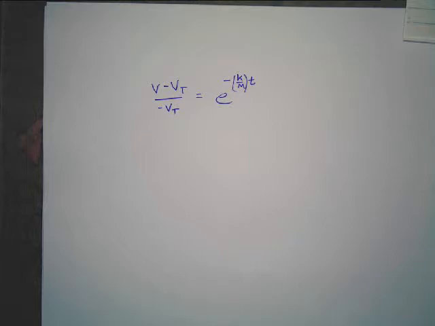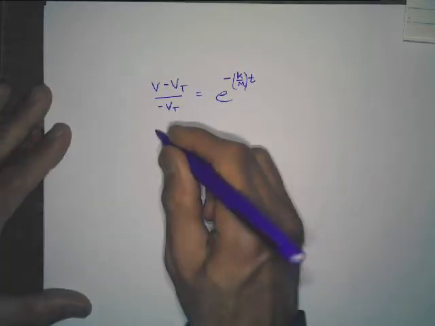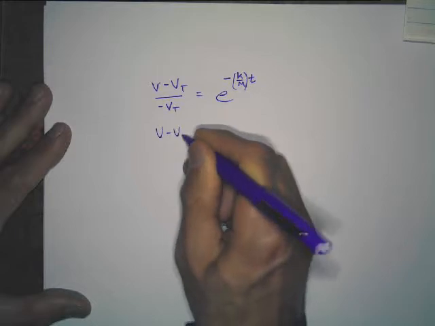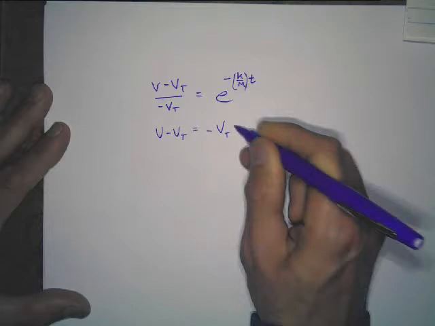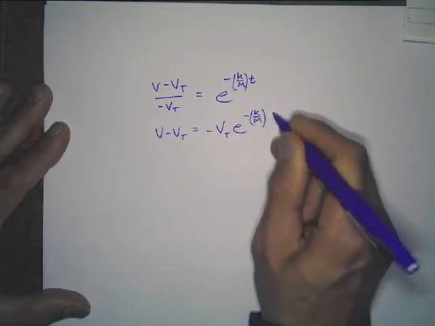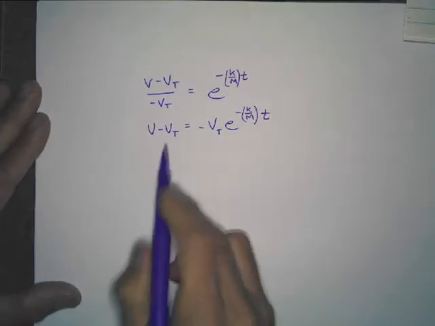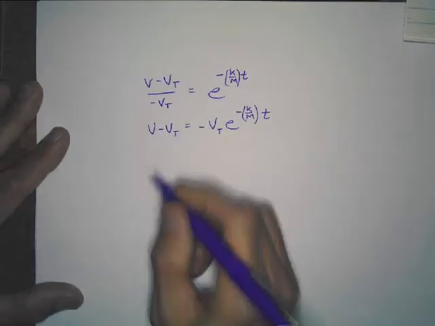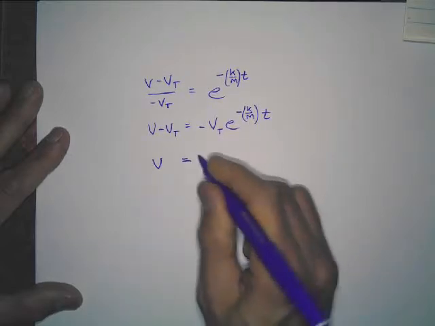And we're almost done. Now we just have to get the vt over here. So v minus vt gives us that. And I need to add vt to both sides to eliminate it over on the left side here.